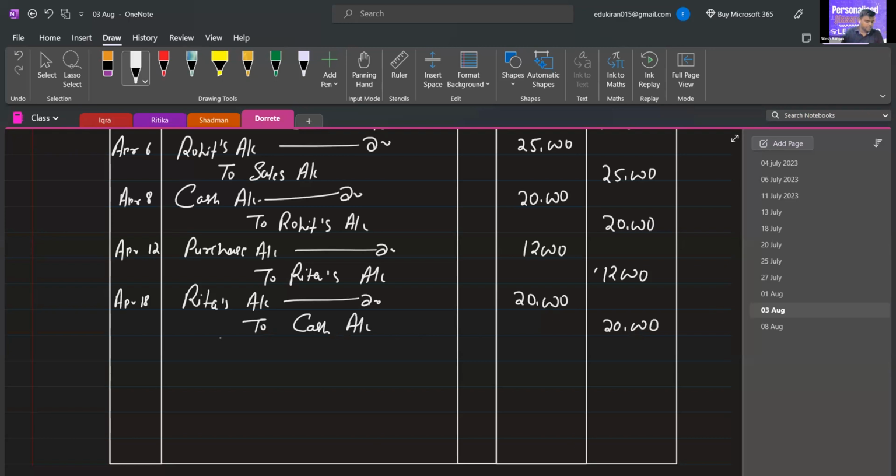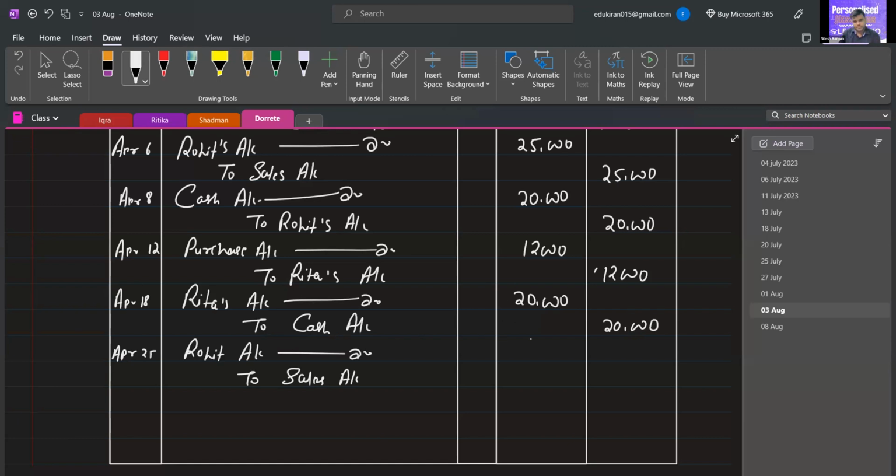After that, it is again goods sold to Rohit. April 25th, Rohit account debit to sales account. Actually, the main focus is to prepare the ledger from the journal. That's why I'm not writing the narration, but we have to include narration. It is a must.